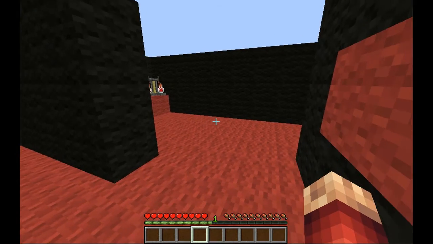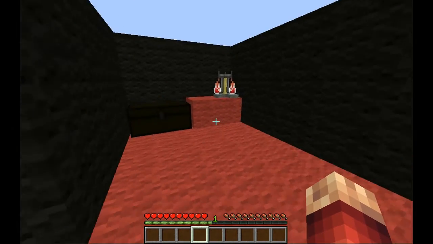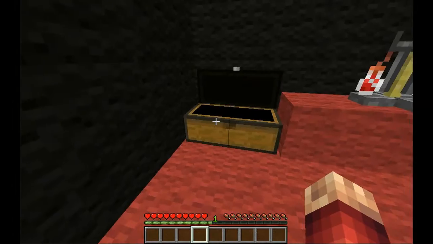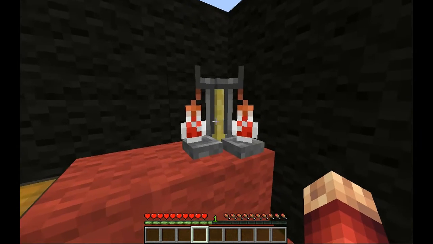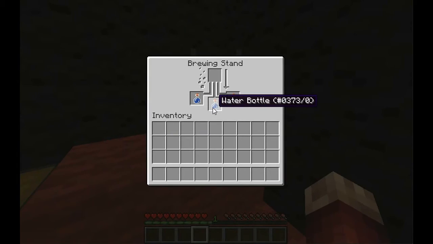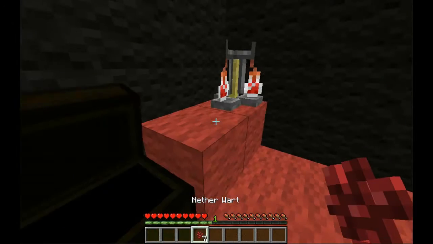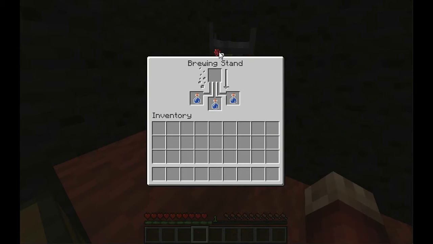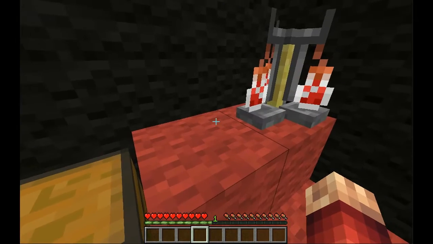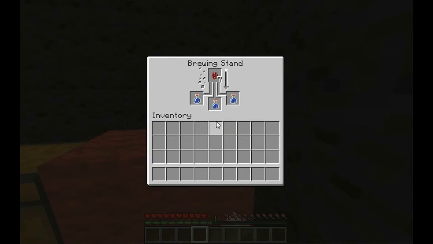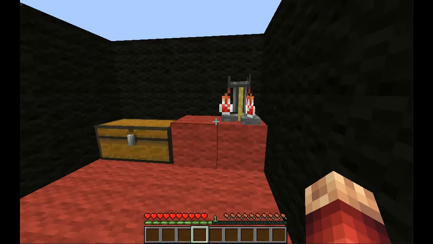Okay, going on to our last example now, we're going to be taking a look at some potions. And I know this sounds weird, but it's still a good example of a solution. So if we take some of this nether wart and put it into this brewing stand, and just wait for that to brew for a minute, it might take a while.